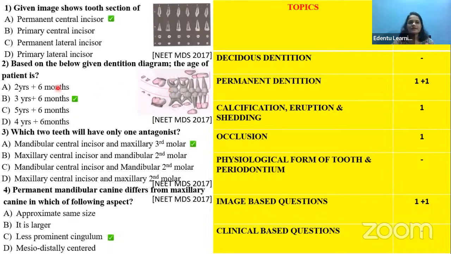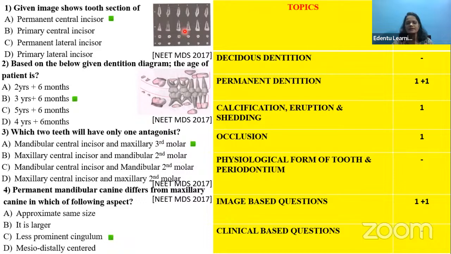And for the first question, as I had already given you, sometimes they can give a ground section image like this and ask you to identify the tooth, or they can give a pictorial representation of the tooth. Mainly those two were asked, or sometimes a clinical picture of the tooth.